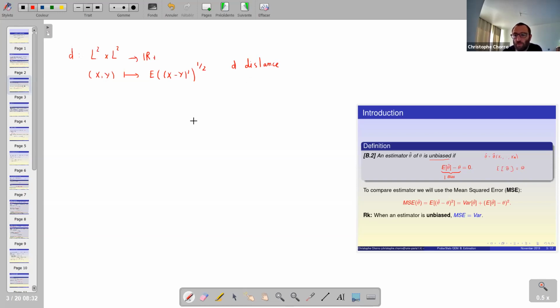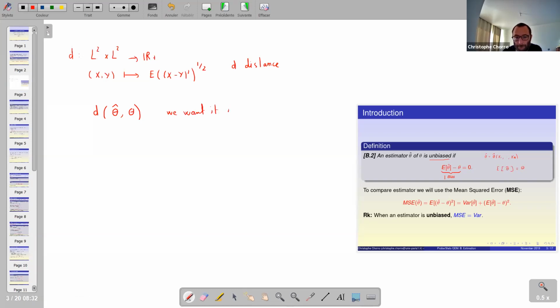And in order to compare different estimators, we are going to handle the distance between an estimator and the parameter of interest, and we want it minimal, if possible. It's not always the case, but if possible, I want to minimize this, okay?